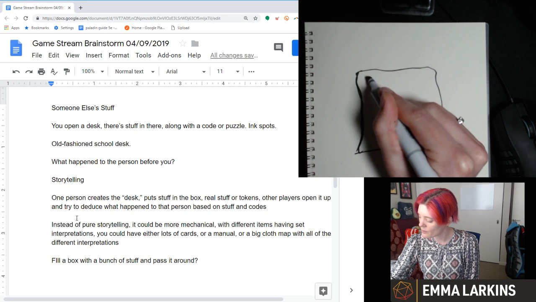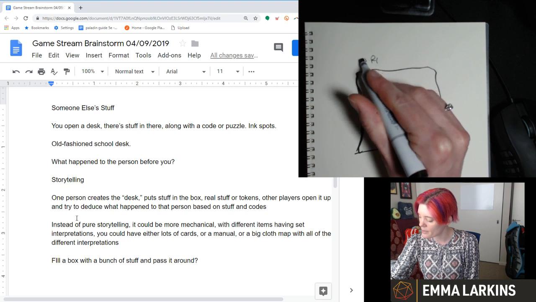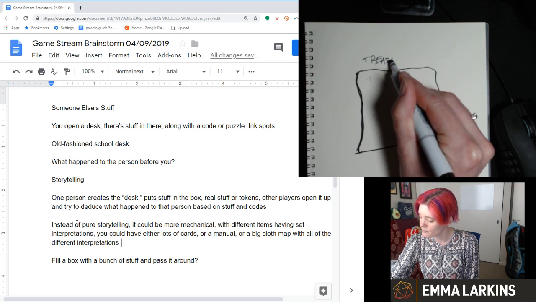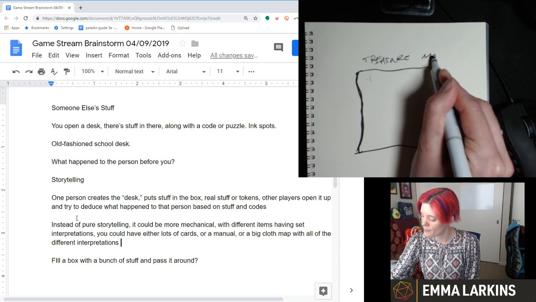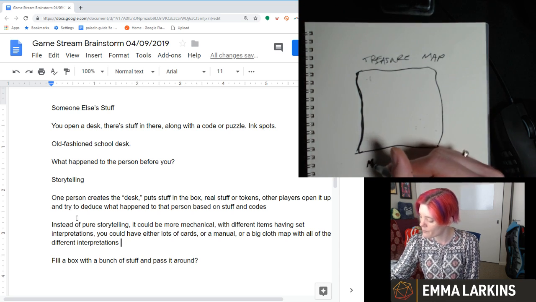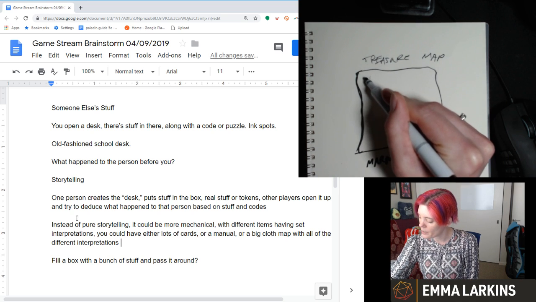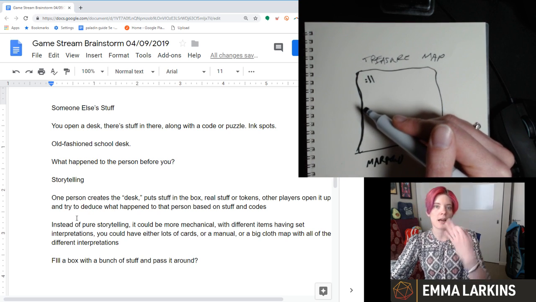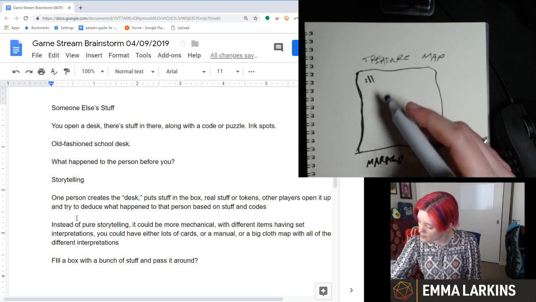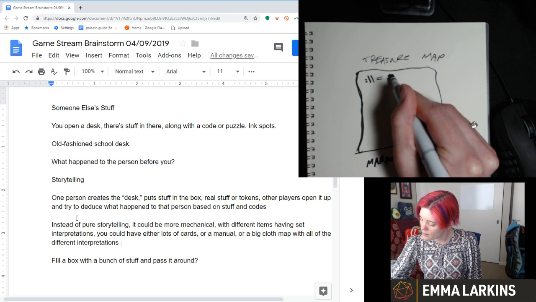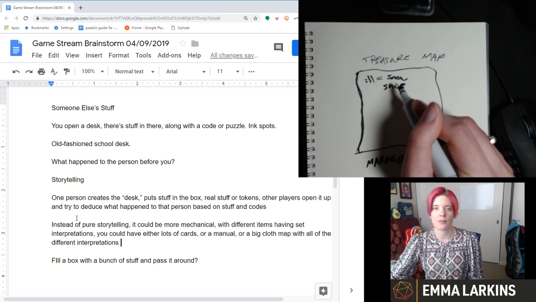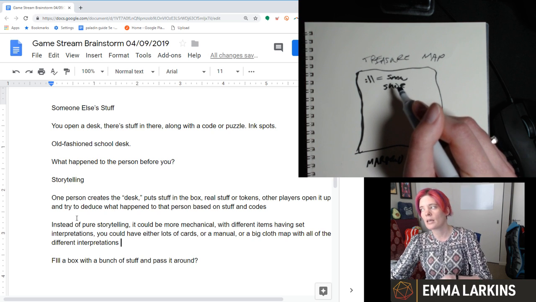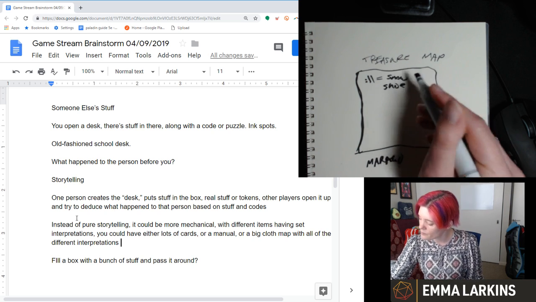So what if you have your treasure map here? Or if you're a Harry Potter fan, like a Marauder's map. But instead of having an actual map of locations on it, it can have breakdowns of all the different iconographies used in the game, for a little bit of a decoder feel.